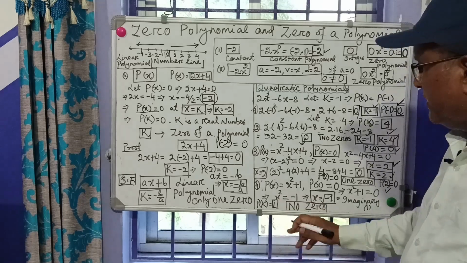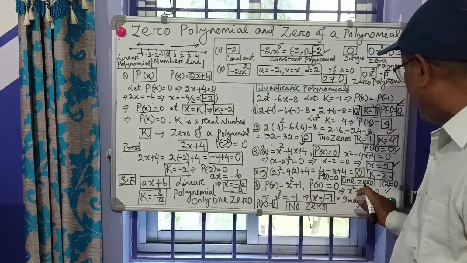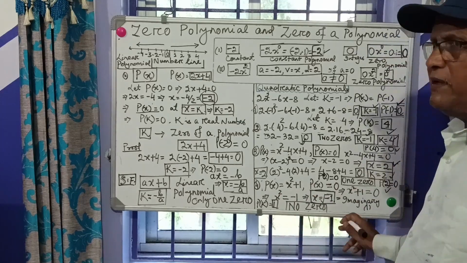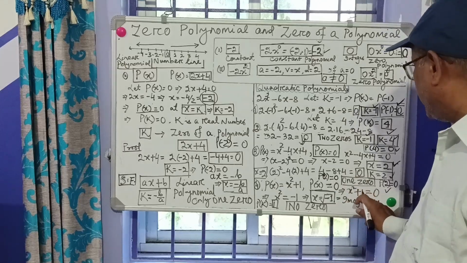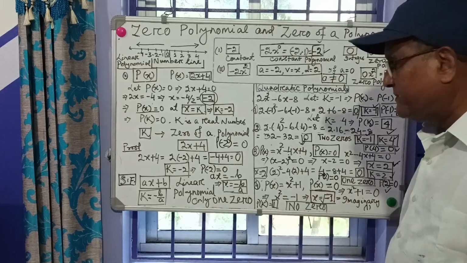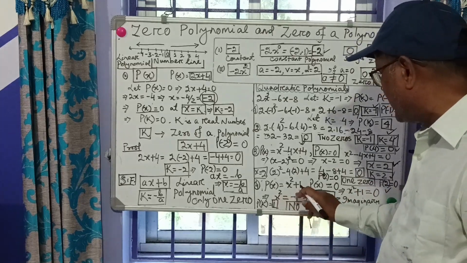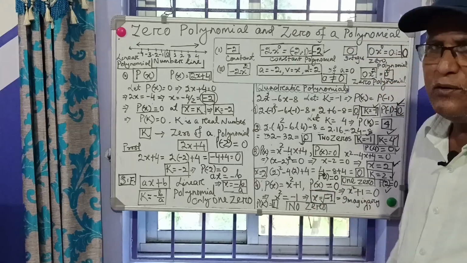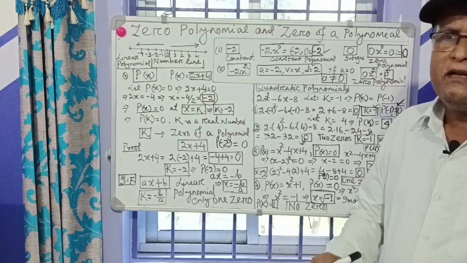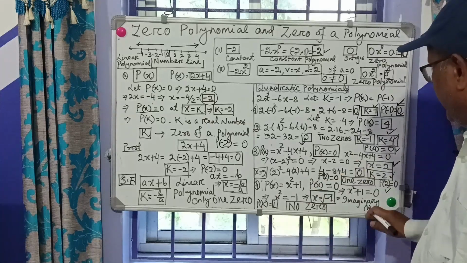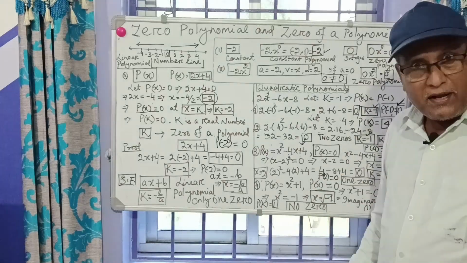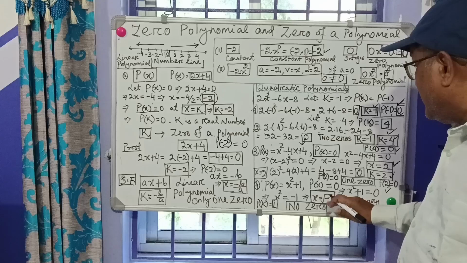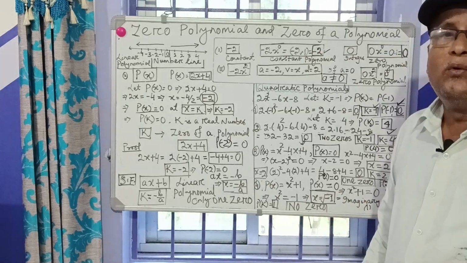Now by transposition, x square is equal to minus 1, changing the position from LHS to RHS. So x is equal to root of minus 1. Root of minus 1 is an imaginary number denoted by i, iota. So here we find no zeros.